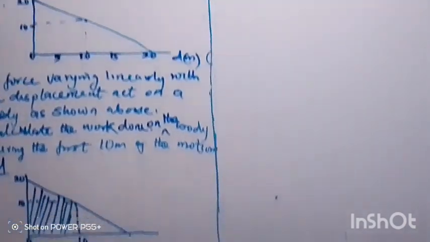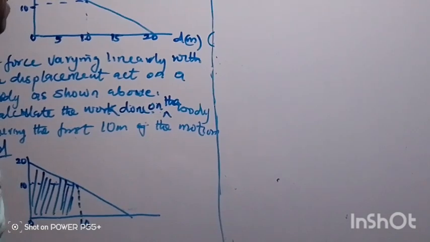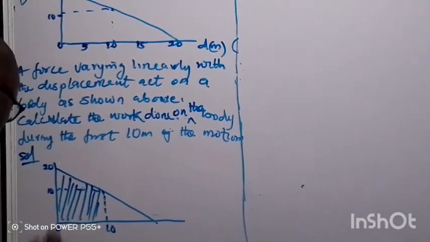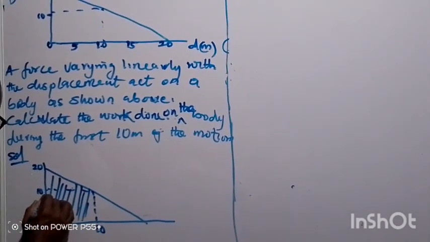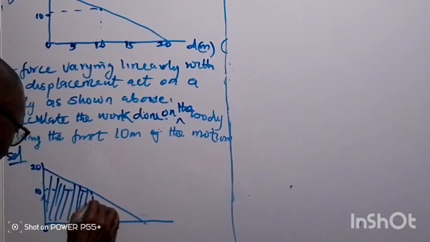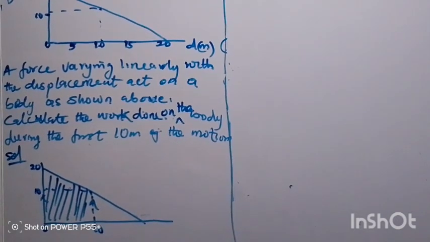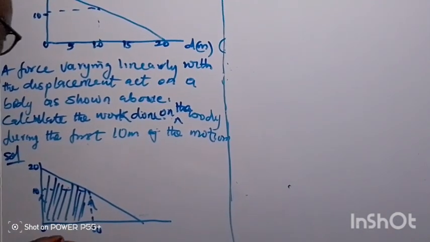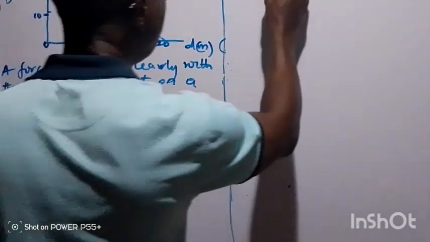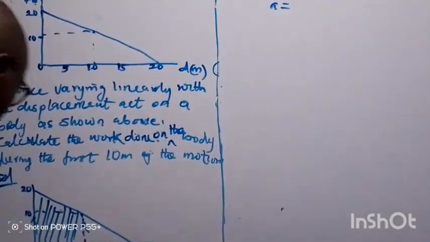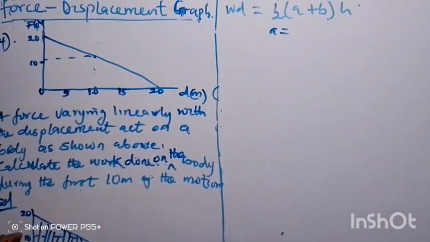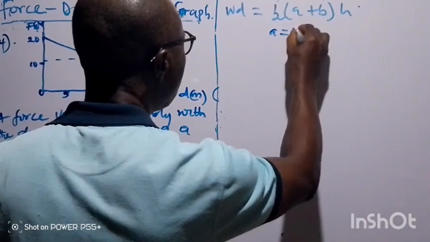Mind you, when you have a trapezium, there will be two parallel lines. From the shape now, this is one parallel line, this is the second parallel line. So the first parallel line, the length A, according to the question, that is from here to here, is 10.